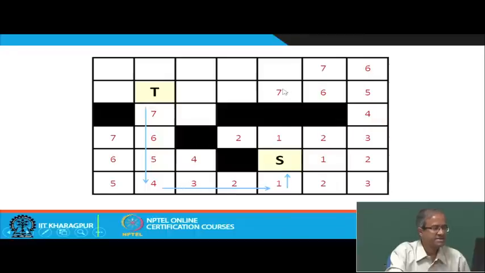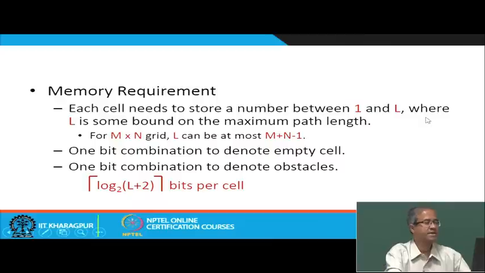There can be bends, but the total number of cells you have to label will be m plus n minus 1. In this case, it will be 1, 2, 3, 4, 5, 6, 7, 8, 9, 10, 11, 12. So, it will be 6 plus 7 minus 1. M plus n minus 1 will be the maximum length of a path between any pair of S and T, that is the worst case. So, let us make the calculation of memory requirement with respect to that.